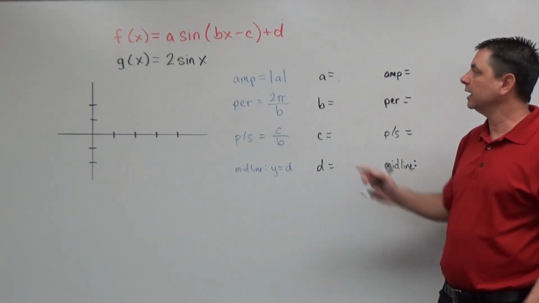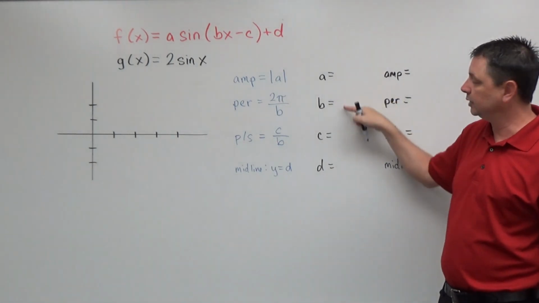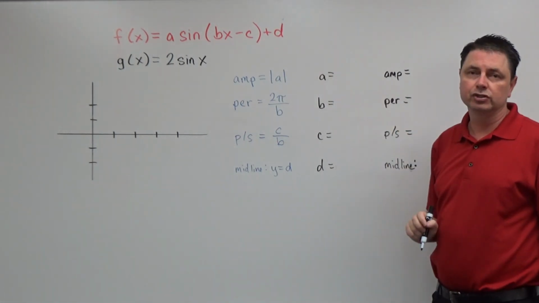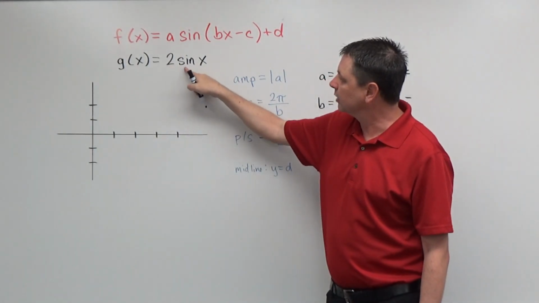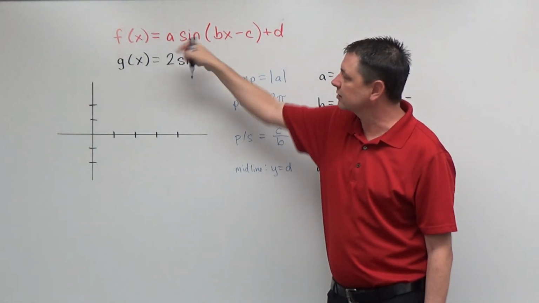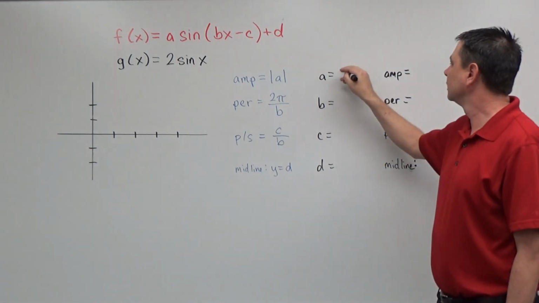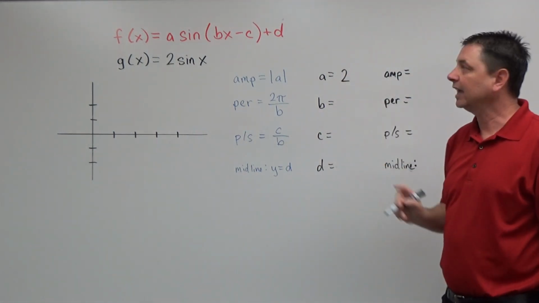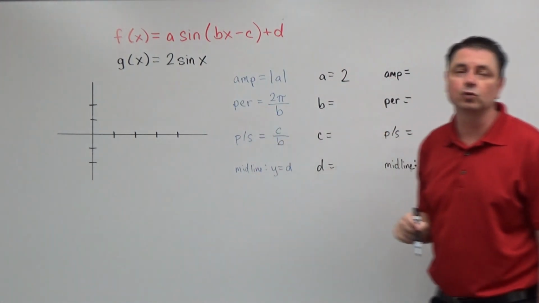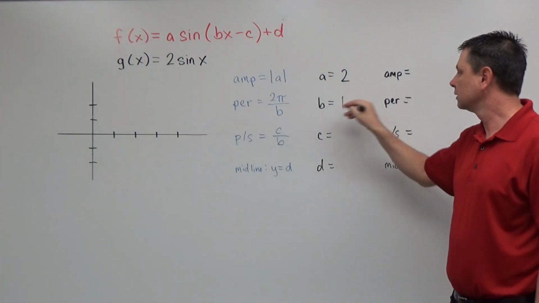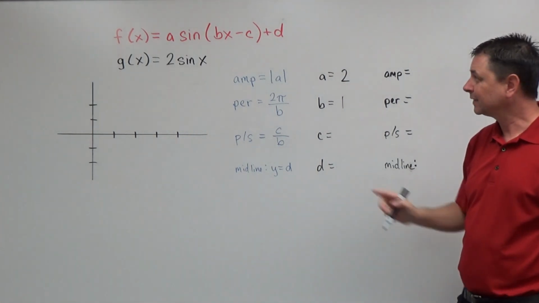So it's always a good idea to identify a, b, c, and d from the general form. So for this one, we do have a 2 being multiplied by the sine of x. So that's our a, 2. And b would be right in front of the x. And x is the same thing as 1x. So b is 1.